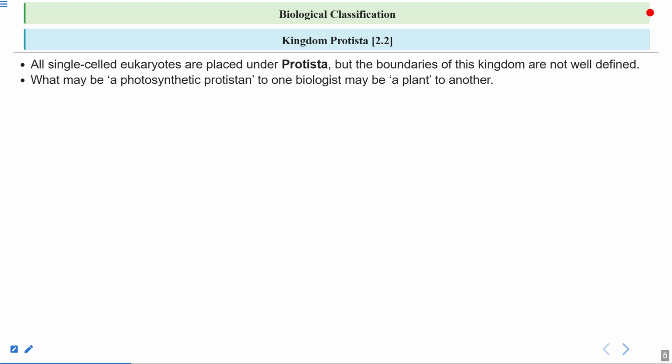So what's the difference here? Some of the organisms contain photosynthetic pigments that are quite similar to those in plants. I'll give you examples of these organisms also. So that's why the boundaries of these kingdoms are not well defined.